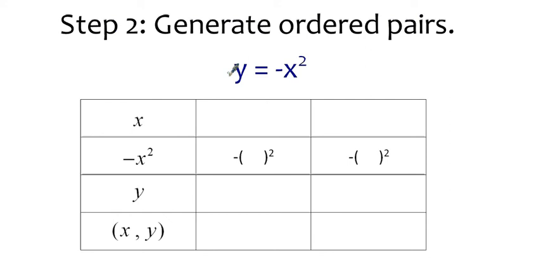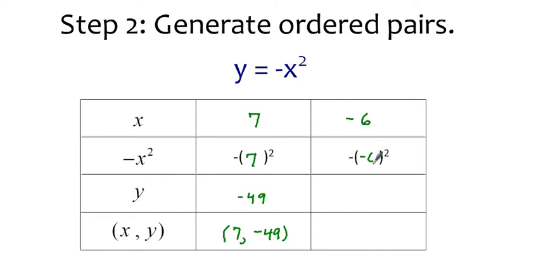Okay, let's use this equation to generate some ordered pairs so we can get a feel for how that works. I'll choose 7 for x, and we'll replace x with 7 in the formula. 7 squared is 49, so the answer is negative 49. Therefore, the ordered pair 7, negative 49 must be on our graph. Let's watch what happens when x is negative 6.